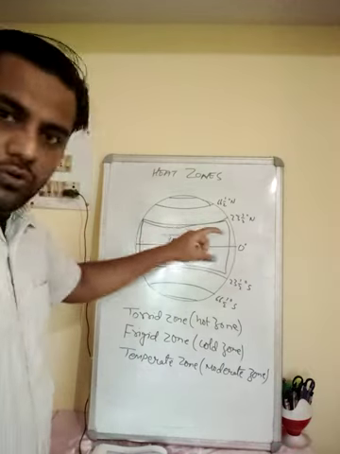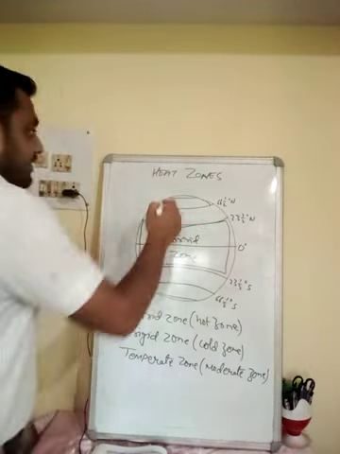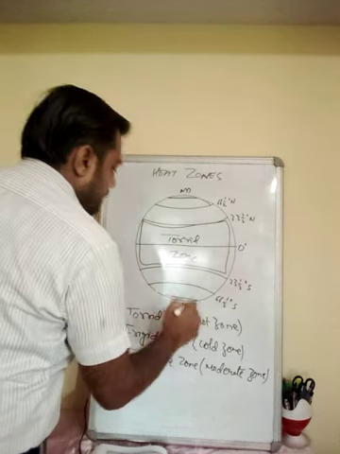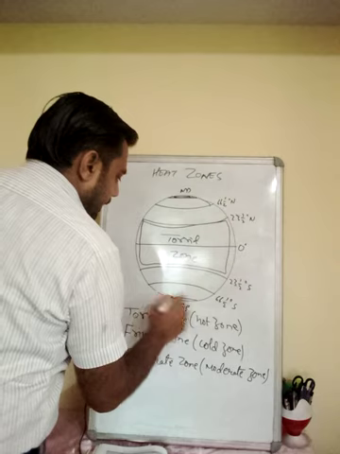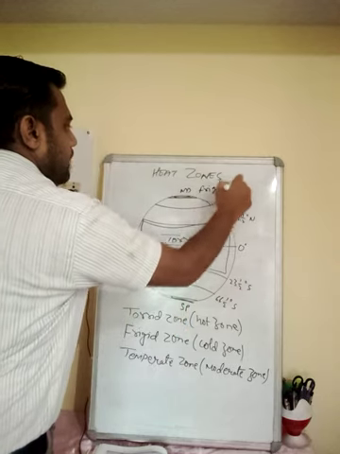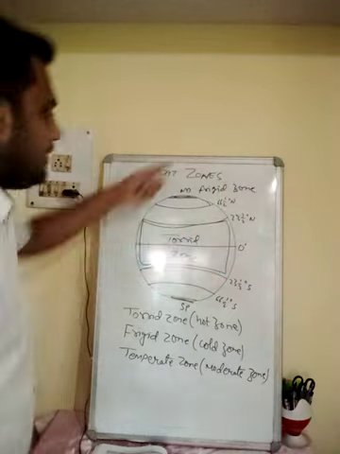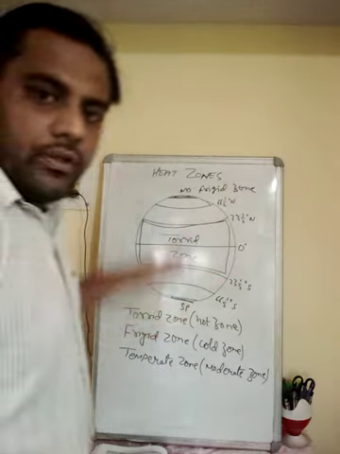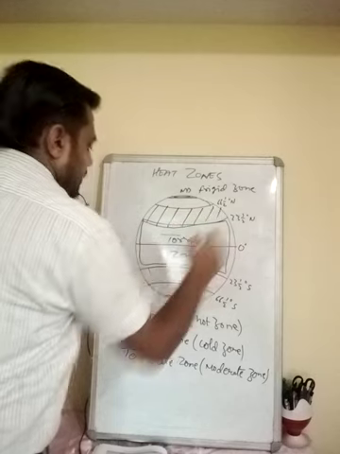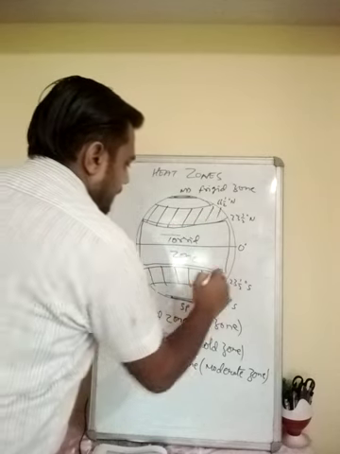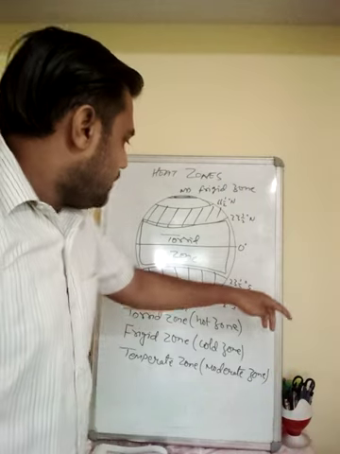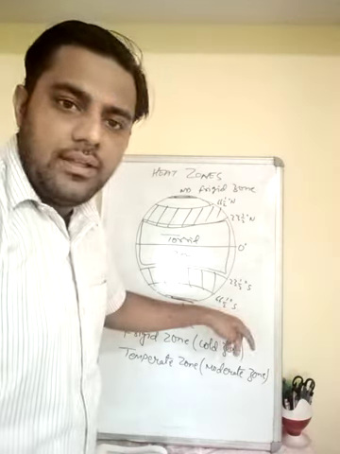And as the lowest temperature is in North Pole and South Pole, we can understand that these two areas are the frigid zone, at 90 degree north and 90 degree south. Only place left in middle is the area between 23.5 degree north and 66.5 degree north and 23.5 degree south and 66.5 degree south.